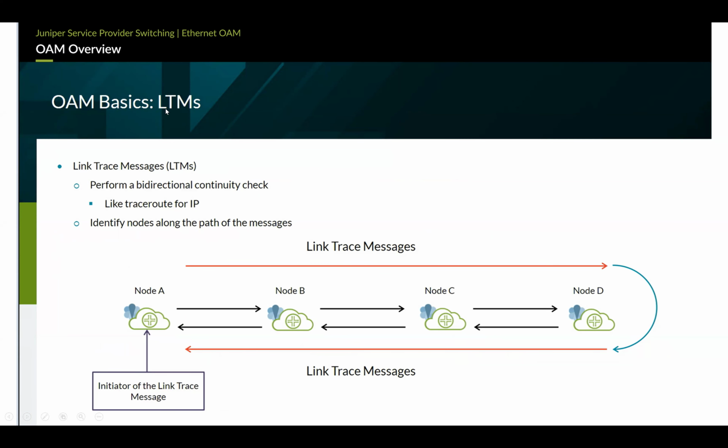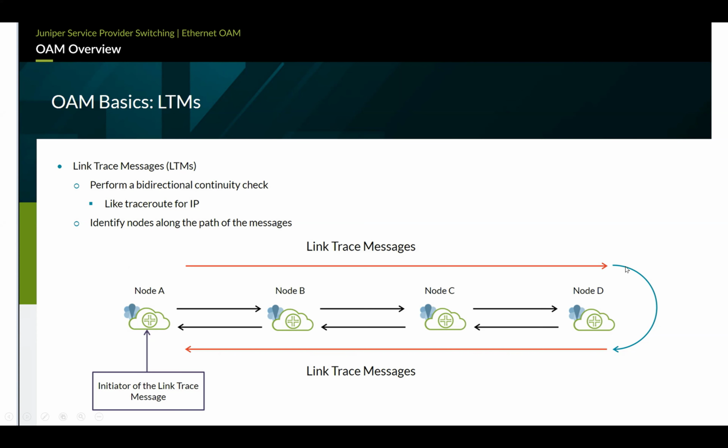Another is LTM. LTM means link trace message. Link trace message performs a bidirectional continuity check, like traceroute for IP. Just sending one trace from the local node to the remote node and getting the reply message from the remote node back to the local node. You can say it's a traceroute response.